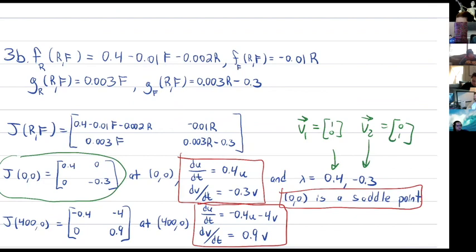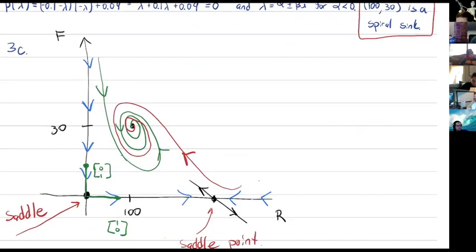Right, the same way that we did for our linear system, I could draw them over here and then draw the corresponding arrows in the right direction based on the sign of those eigenvectors. And now I can see that things would look like this.